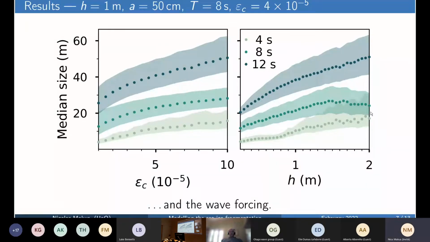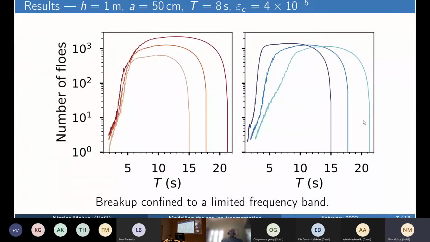Colors indicate the wave period, so shorter waves lead to smaller flows and also less spread out distributions. And this is the number of flows at the end of the simulation, which is a proxy for breakup intensity.